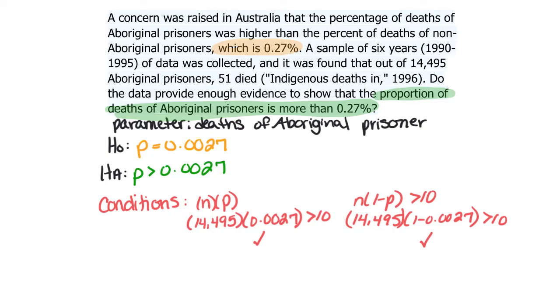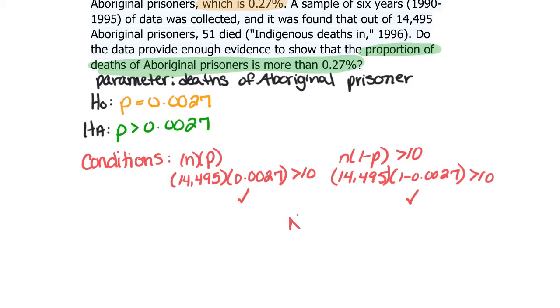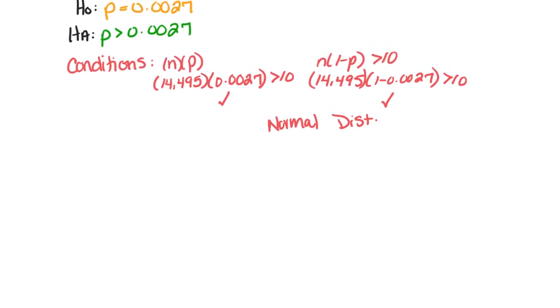So I do have enough sample data to run a normal distribution. And in order to run a normal distribution, I do need a z-score, so we are going to be calculating that. So I'm going to start with my 4 basic pieces of information.